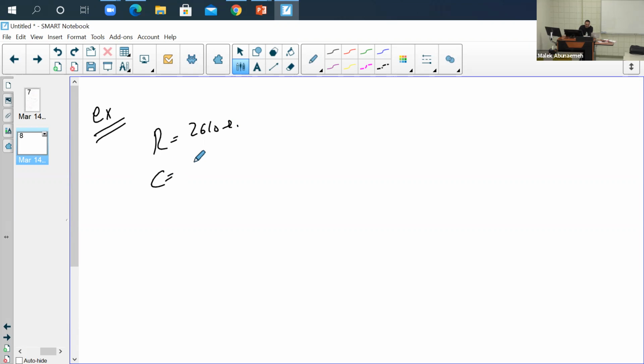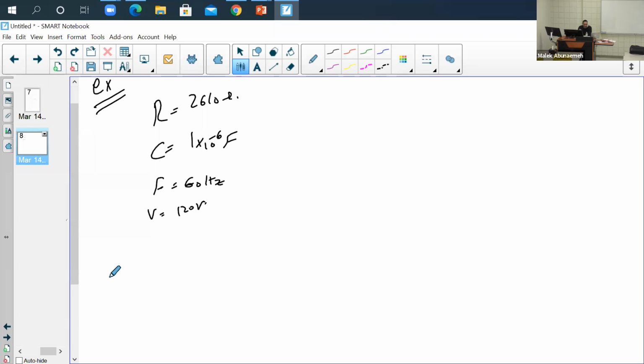Your capacitance is 1 times 10 negative 6 farads. And it was connected at 60 hertz with voltage of 120 volts. And we want to see the power delivered to the circuit.